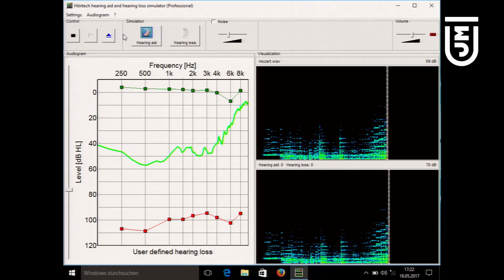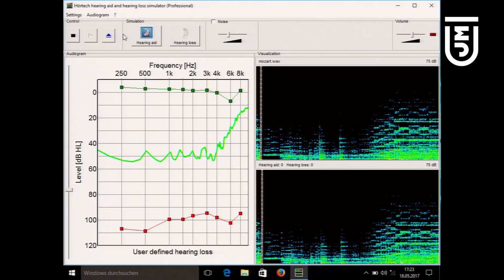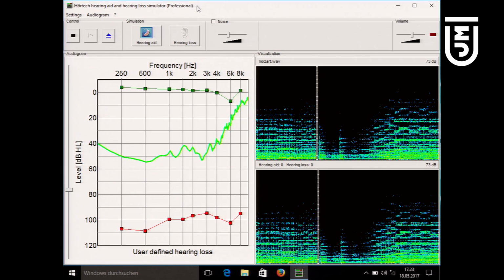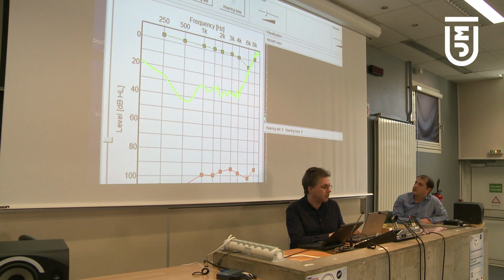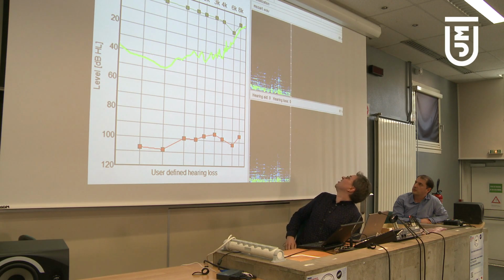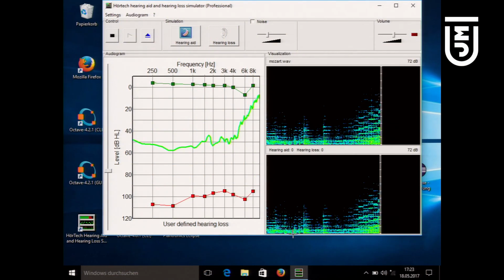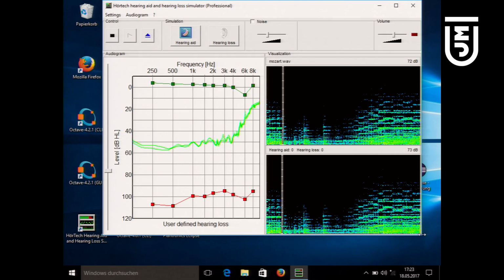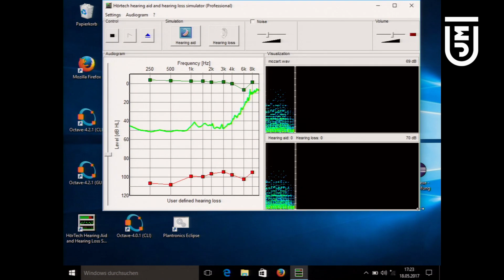And this is bad because the lower spectrogram is hardly visible, so let me make this smaller. Okay, like this.